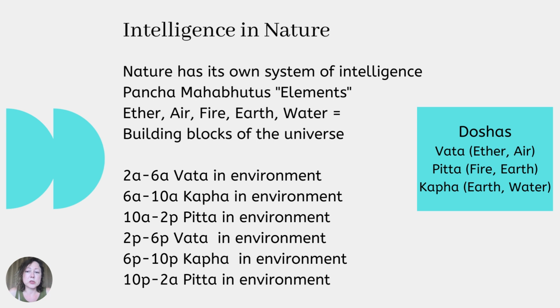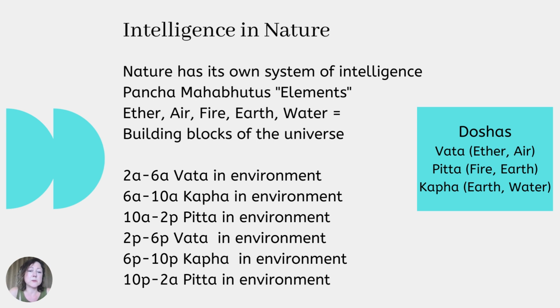So those will be the doshas that we're assessing in the human physiology, but they also have characteristics of these five elements. Vata has ether and air, Pitta has fire and earth, and Kapha has earth and water. And these qualities are also found in our environment at specific times of the day. So our earth has its own rhythms, and our environment also has these rhythms.